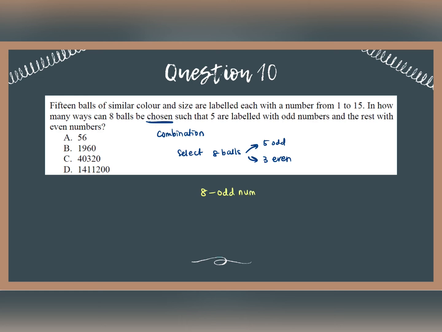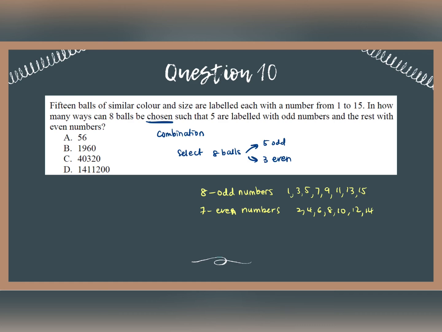Okay, what are the odd numbers? 1, 3, 5, 7, 9, 11, 13 and 15. So you can count, we have 8, and then we will have 7 even numbers. The numbers are 2, 4, 6, 8, 10 and 12. There is one more, 14. Okay, 3, 6, 7.